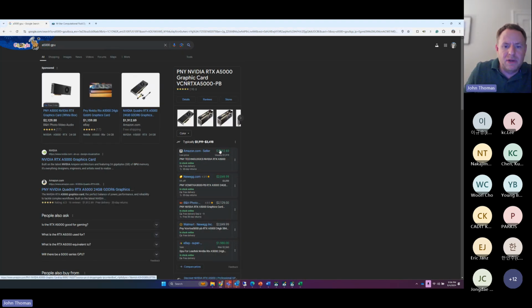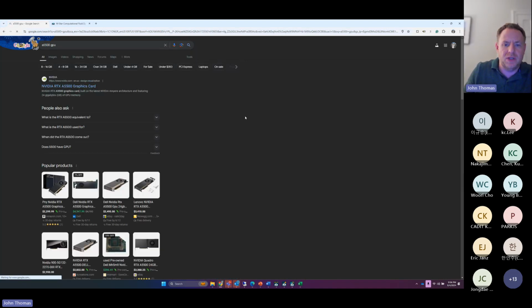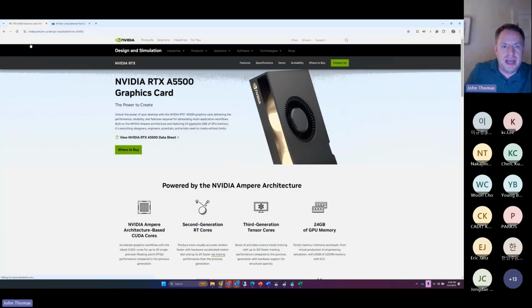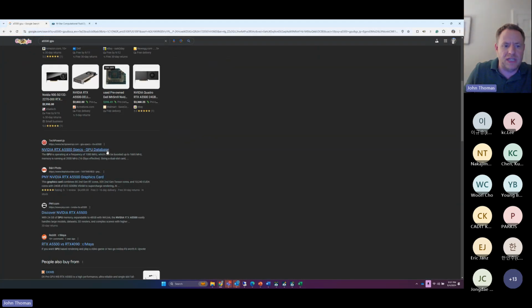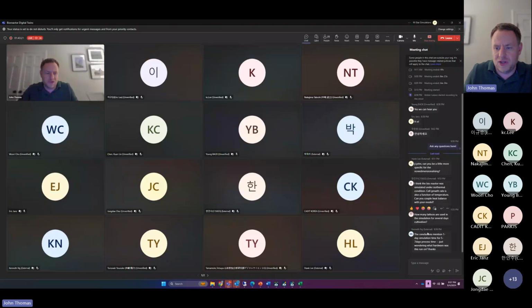I need to double check, but it was one of these GPUs. I think it was a 5500, but it was one GPU in a workstation. So nothing exorbitant. Great question.